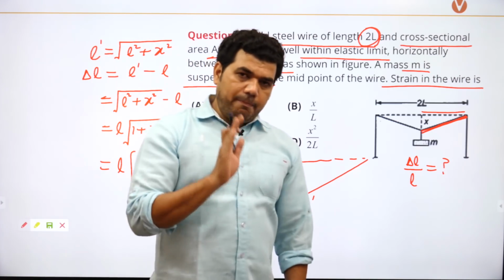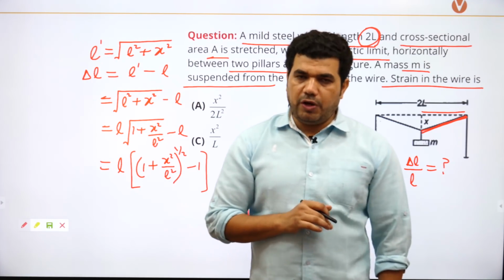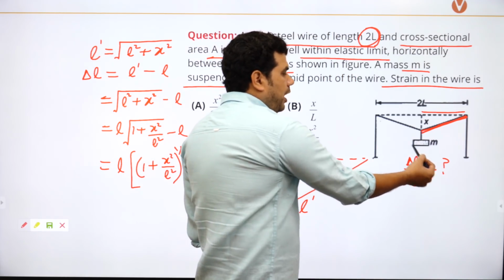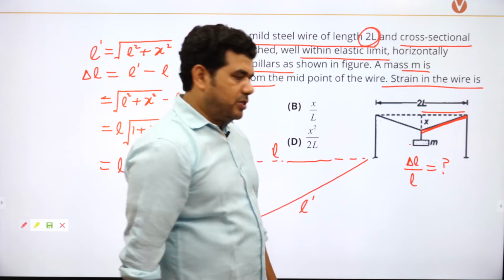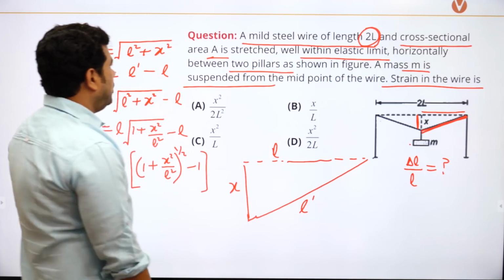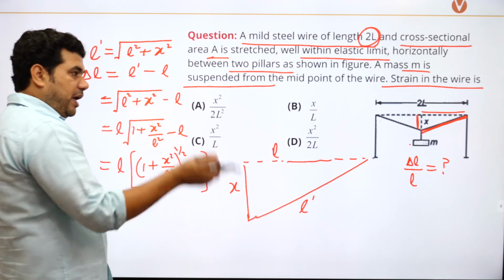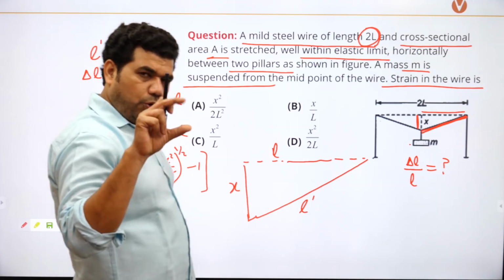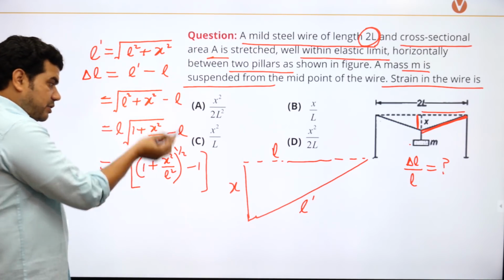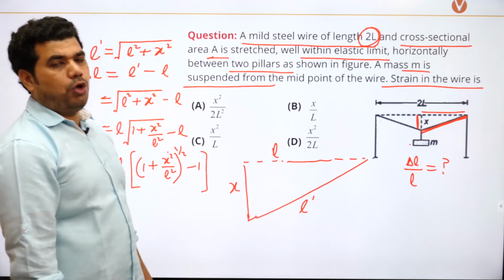Then we use here binomial approximation. Why? Because when we suspend a mass here, X is very small as compared to L. If X is very small, then X upon L and X square upon L square are also very small.